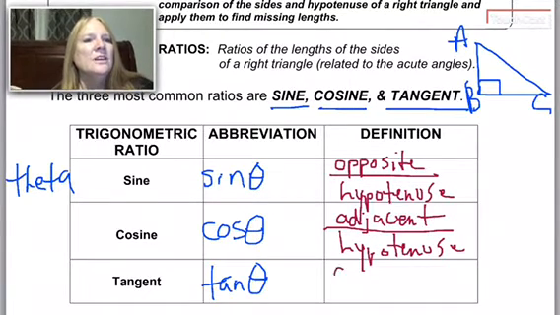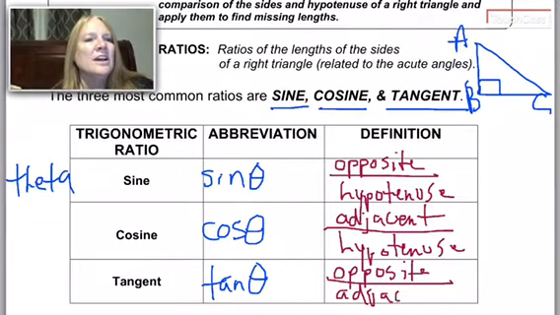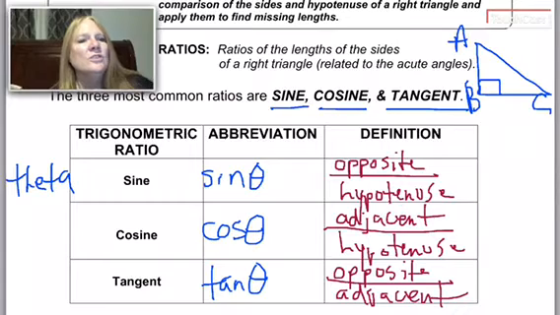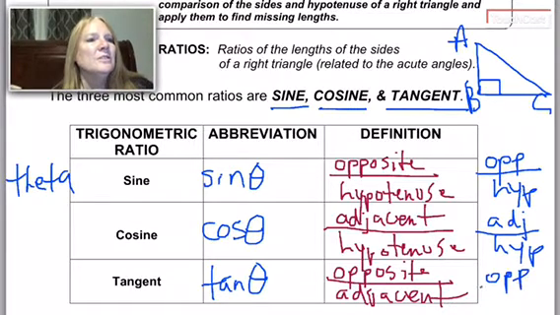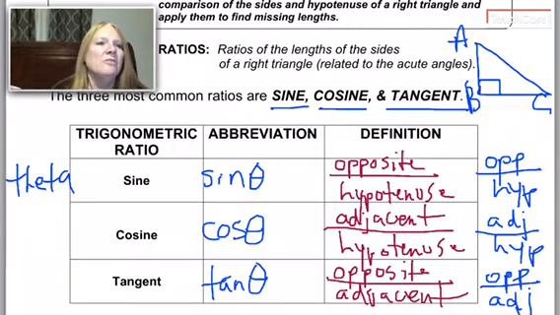And the tangent is the length of the opposite side divided by the length of the adjacent side. And usually you'll see these abbreviated like this: opposite over hypotenuse, adjacent over hypotenuse, and opposite over adjacent. So pause the video for a moment and make sure that you have all of this written down.